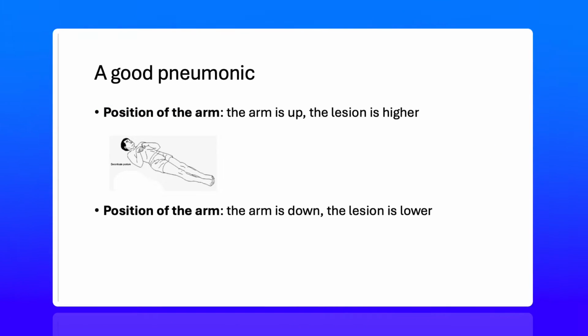A good mnemonic to help you remember which is what is given by Dr. Hal Blumenfeld in his book Neuroanatomy Through Cases. In that book, he provides this mnemonic which is based on the position of the upper limbs.